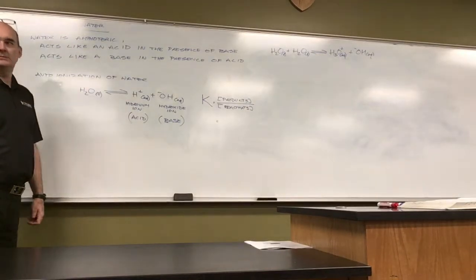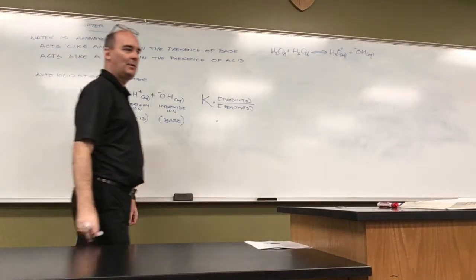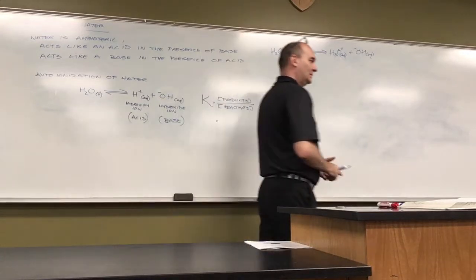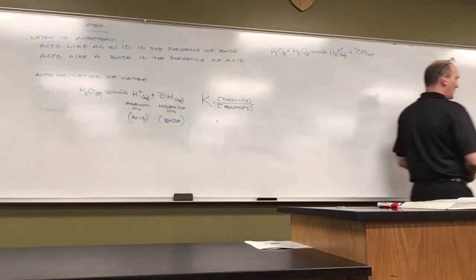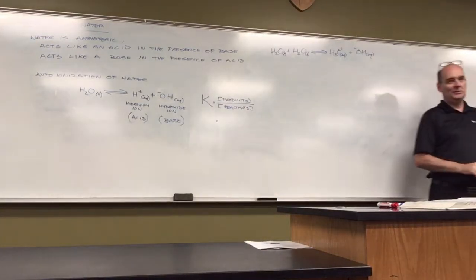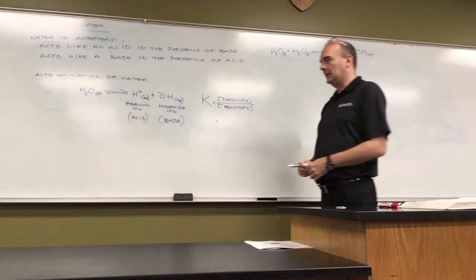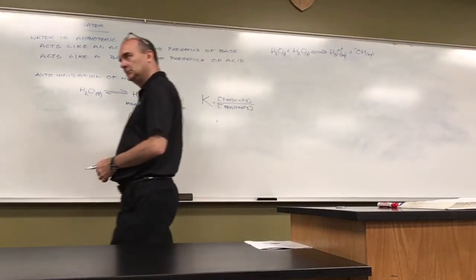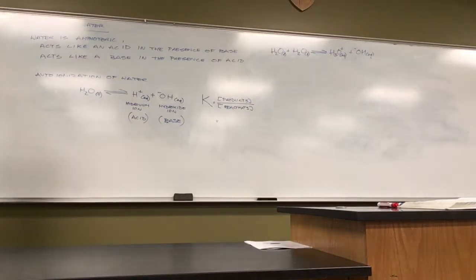Look at what your products are. Put them in boxes. Write them on the right-hand side of the equal sign. Then look at what your reactants are. Put them in boxes. And write them underneath.